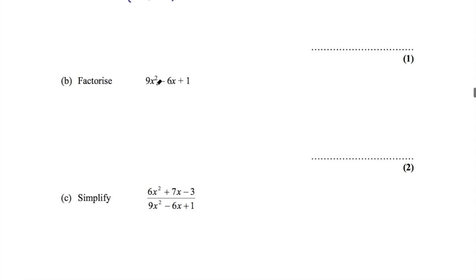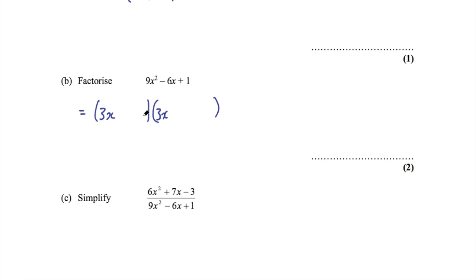Part B says factorize 9x squared minus 6x plus 1. Okay, so again we have to factorize into 2 brackets. And well, if we have 3x and 3x, we need to multiply those by something to make minus 6x, and we need two factors of 1.